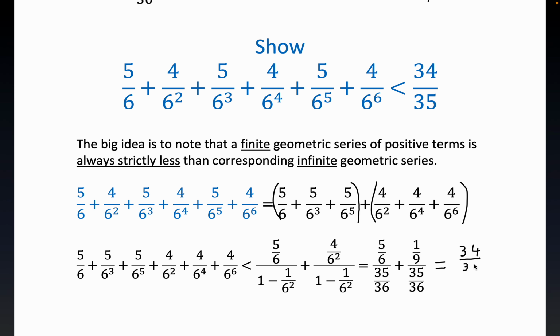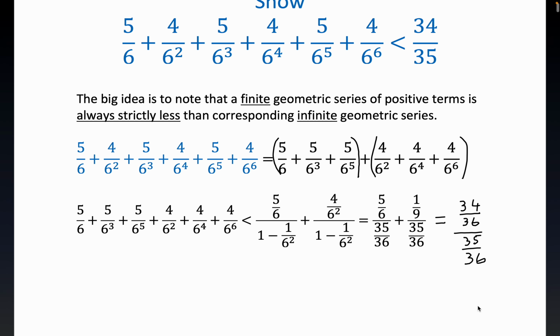Now notice the least common denominator is 18, but in my opinion, it's a little bit easier to work with 36 because 36 is what's going on down here. So this is divided by 35 over 36. And then of course when you invert and multiply, you get that this is equal to 34 over 35. So a fairly cool way to do this if you recognize that it's just two finite geometric series.